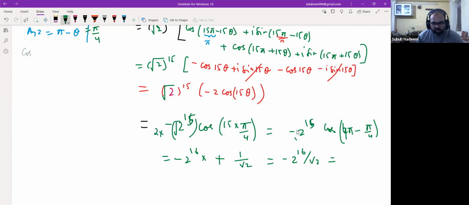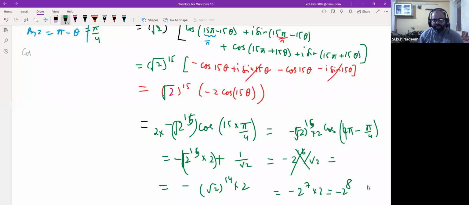So root 2 to the power 15 into 2, root 2 to the power 15 into 2, and this is minus root 2 to the power 14 into 2. So this will be minus 2 to the power 7 into 2, which is minus 2 to the power 8. Now minus 2 to the power 8 is 256. So this will be minus 256, which is our answer.